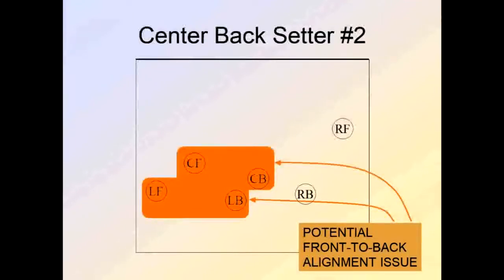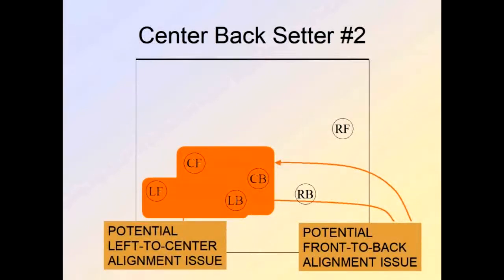The center back is already in between the left back and the right back in this position, so they are okay side to side, but the center back, obviously left to center, must ensure that the center front player is to the left of them, which they are, and the left front player is closer to the left sideline, but is not overlapping front to back with the left back.